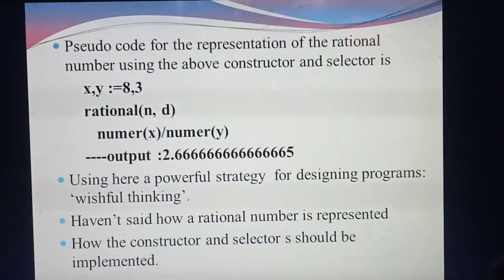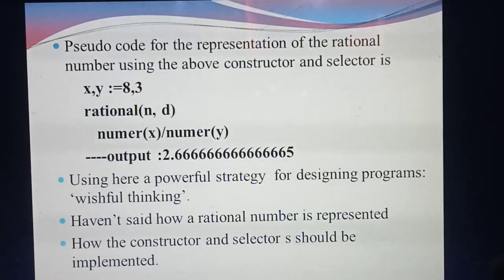Now you write the code for this. Which two variables did you declare? x and y. The value of x is 8 and the value of y is 3. To calculate the rational number you write rational of n comma d, that is, numerator comma denominator.